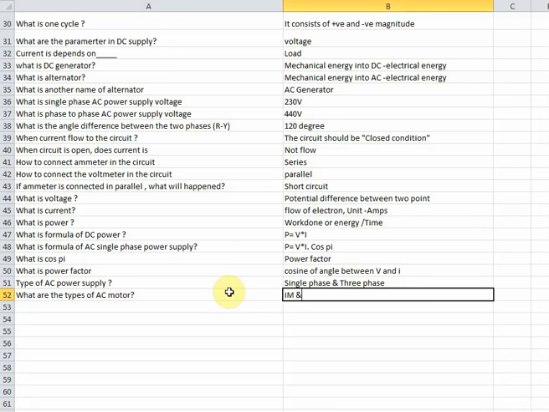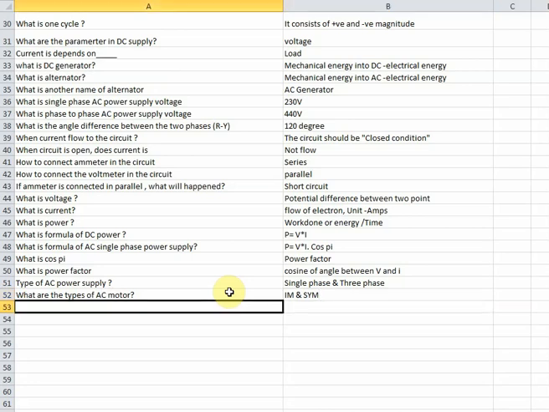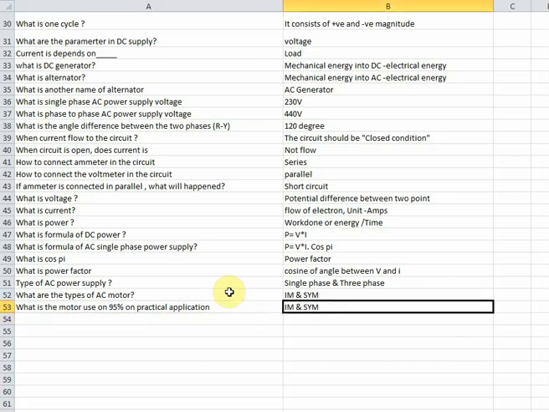I have written in short form. What motor is used 95 percent in practical applications? Induction motor.